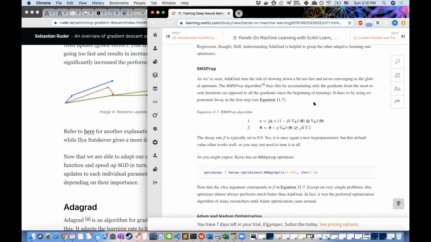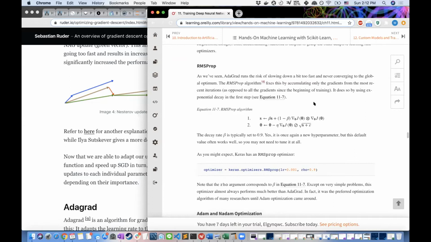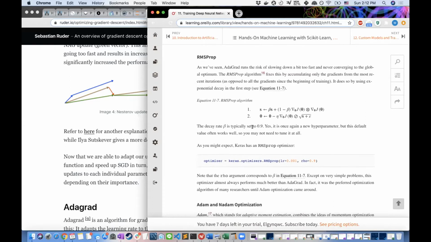It does so by using exponential decay in the first step. The decay beta is typically set to 0.9. So it's basically beta times your previous s plus 1 minus beta, which is 0.1, times the square of your current gradient.